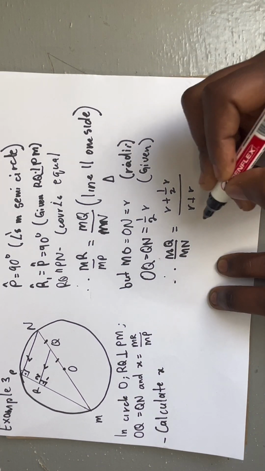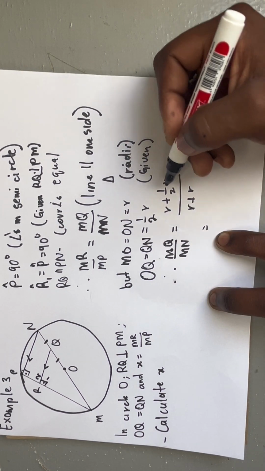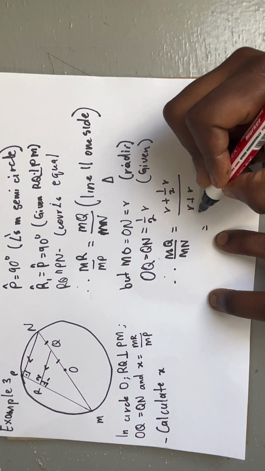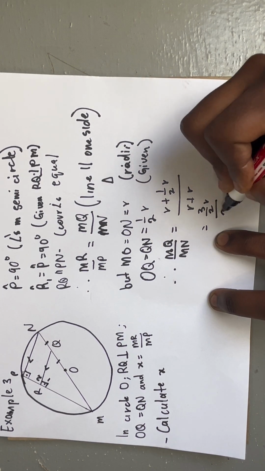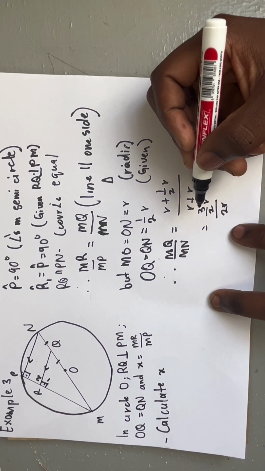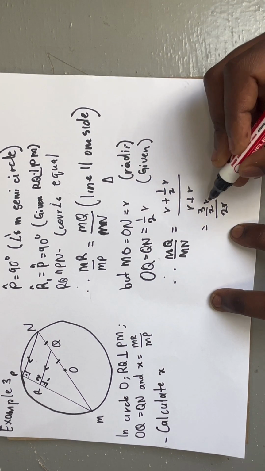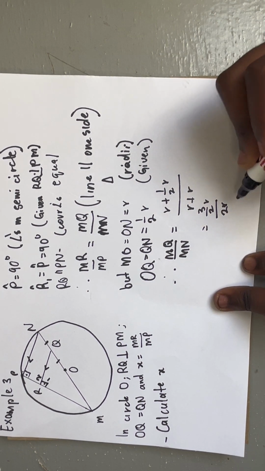So when you add all of this, what is 1 plus half? 1 plus half gives you 3 over 2R over 2R. Remember, R plus R gives you 2R, right? Can you see that your R and your R are going to cancel each other?